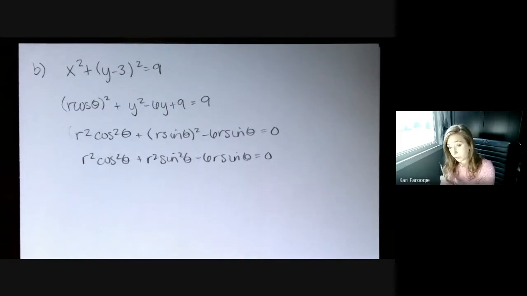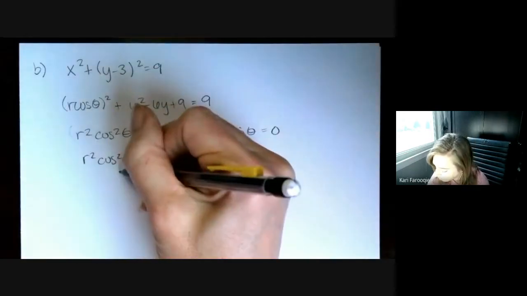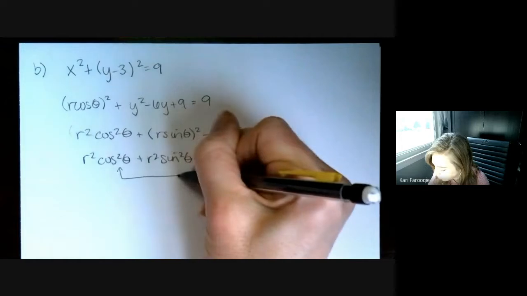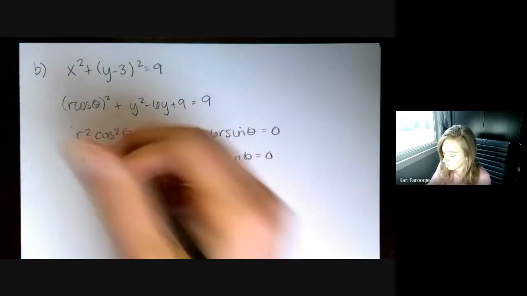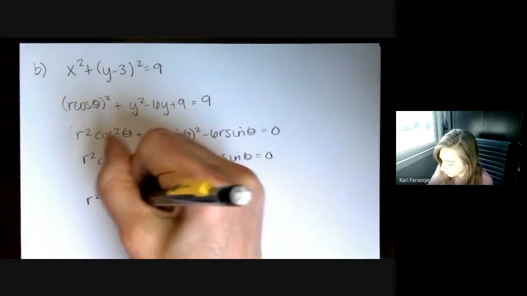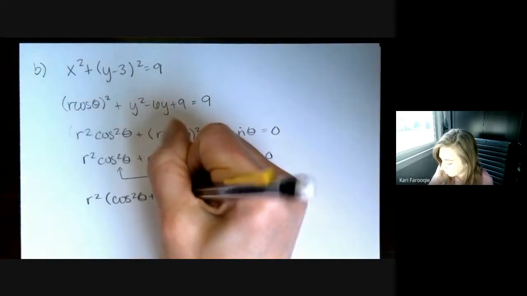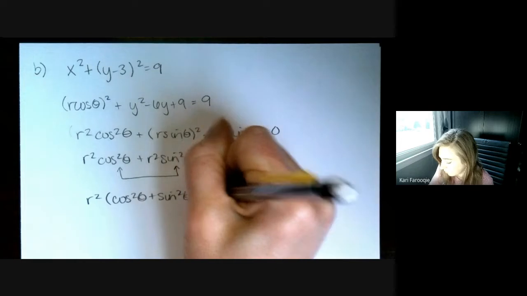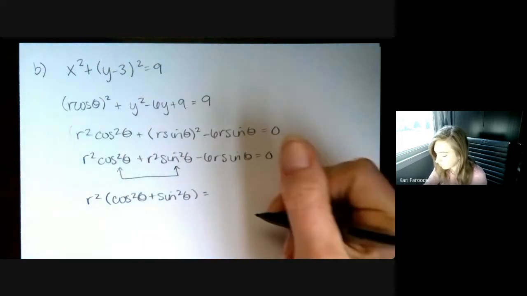And now we're going to employ a familiar trick that we've used a bunch of times before: sine squared theta plus cosine squared theta equals 1. If you would like to factor out the r squared first, if you find that most beneficial, that's fine.